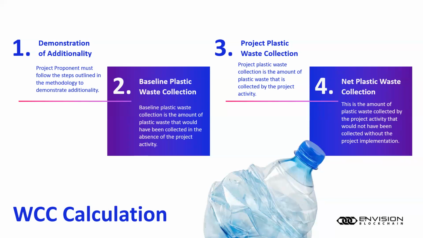The third one is going to be project plastic waste collection, and this is the amount of plastic waste that is collected by the project activity. And the last step here is four, the net plastic waste collection. This is the amount of plastic waste collected by the project activity that would not have been collected without the project's implementation. And that's also going to be the equation that we're going to show in the next slide.